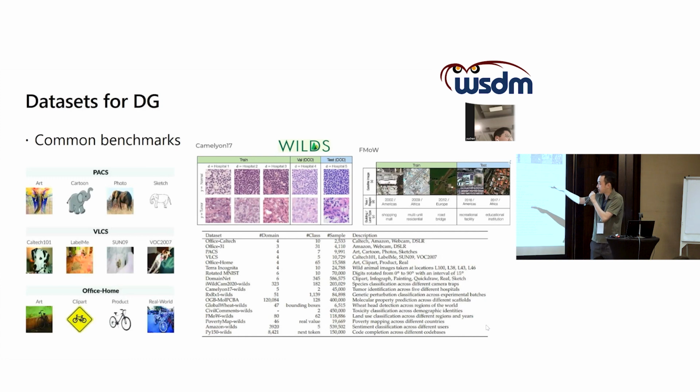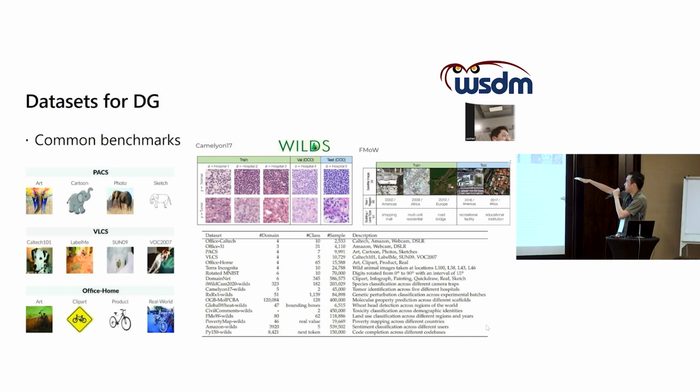And also VLCS and OfficeHome are also for computer vision. But as I just mentioned, the problem of domain generalization is actually beyond computer vision. In many kinds of applications, we all encounter the issue of generalization. So that's why recently a popular dataset called WILDS has been proposed. Besides computer vision problems, it also considers some really challenging datasets.